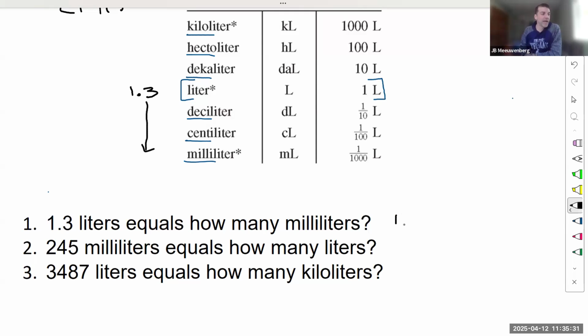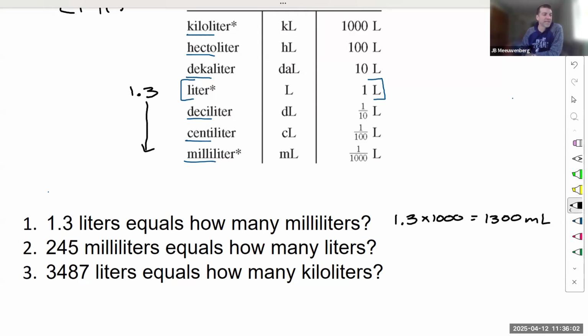So we would have 1.3 liters, and every liter has 1,000 milliliters in it, leading to 1,300 milliliters. As you go down in your chart, you are going to be multiplying by 10, 100, or 1,000, some multiple of 10.